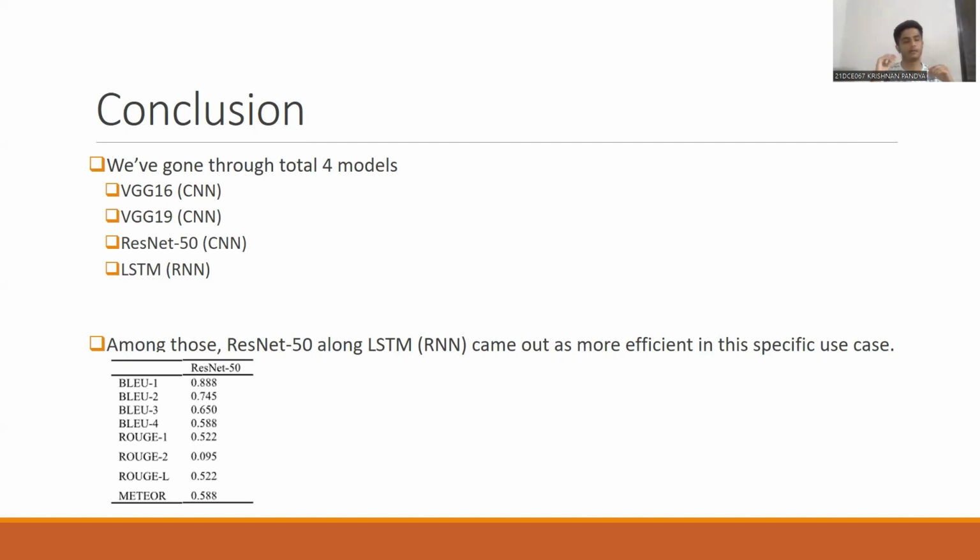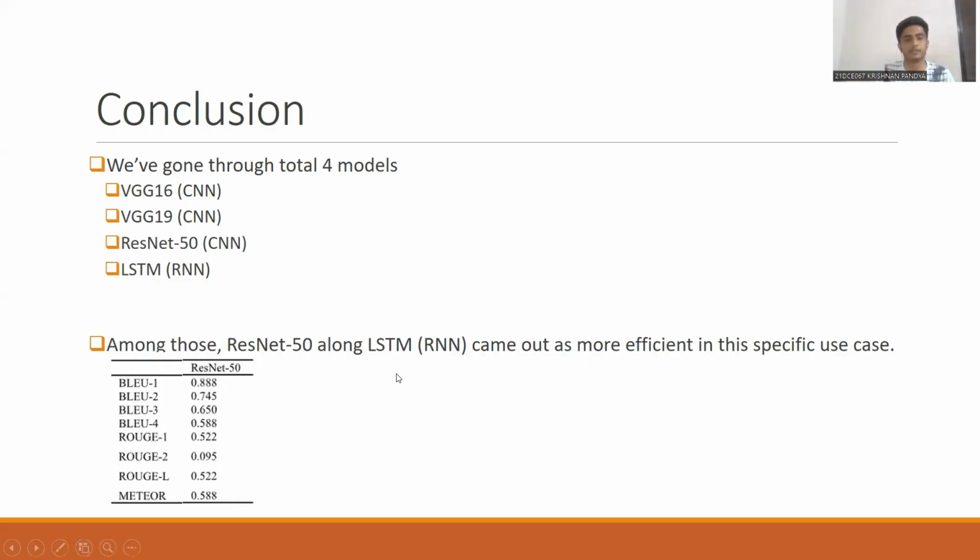We have considered scores like BLEU score, ROUGE score, and METEOR score. Here I have provided the ResNet 50 scores for it. So we chose these two models as the most efficient. And thank you.